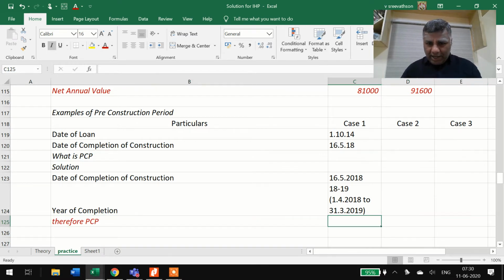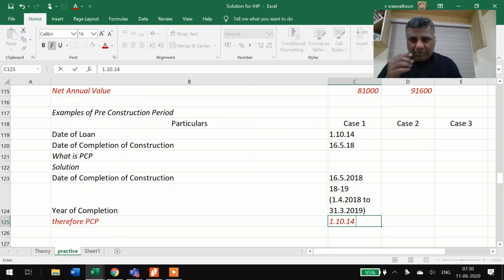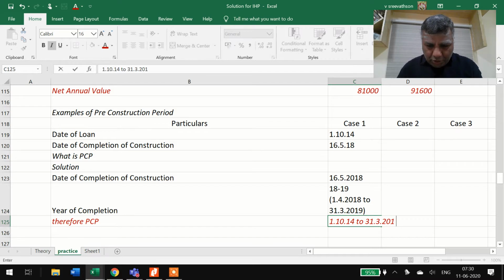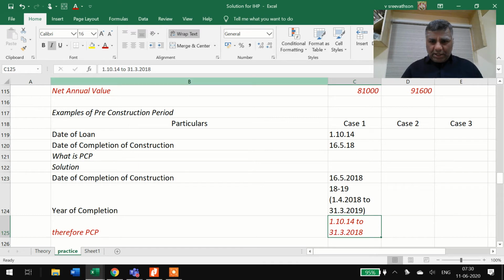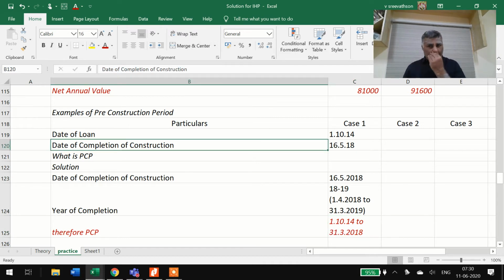Date of loan 1/10/2014. Interest is from the date of loan, 1/10/2014 to 31/3/2018.